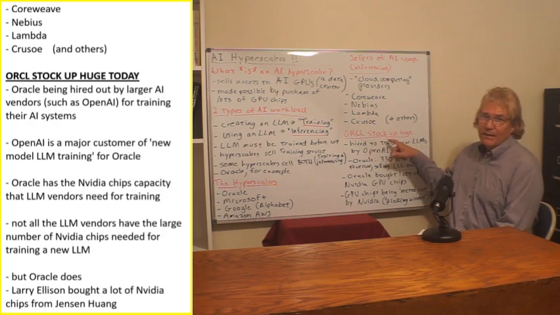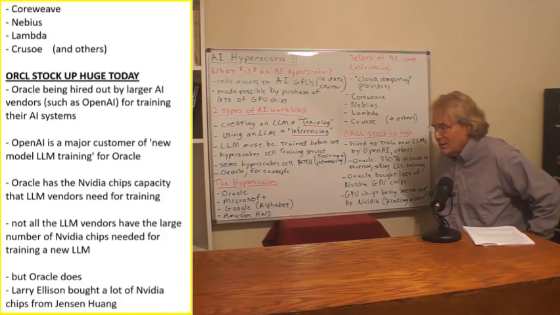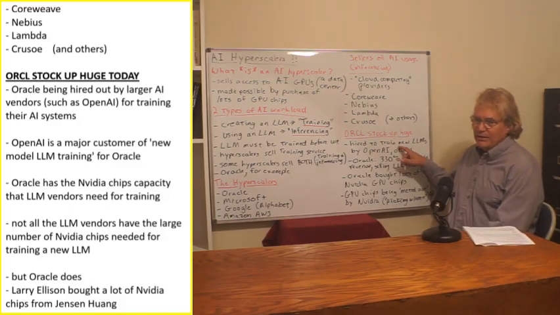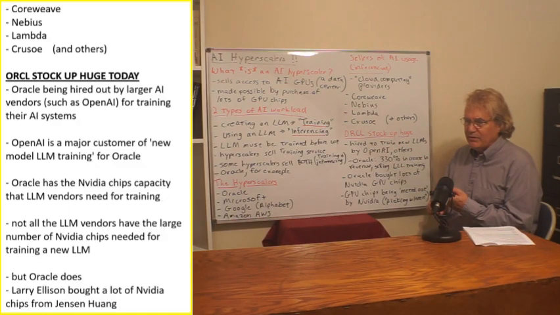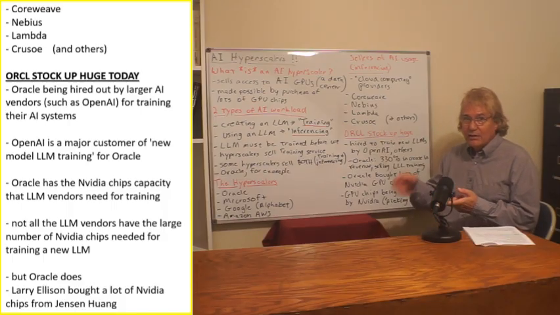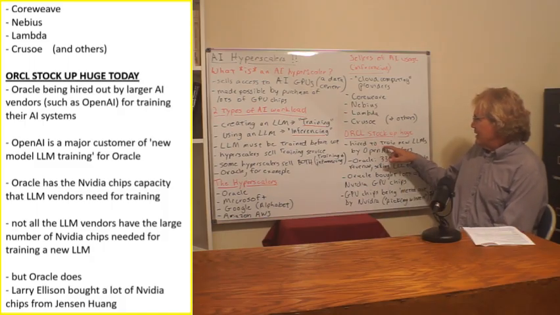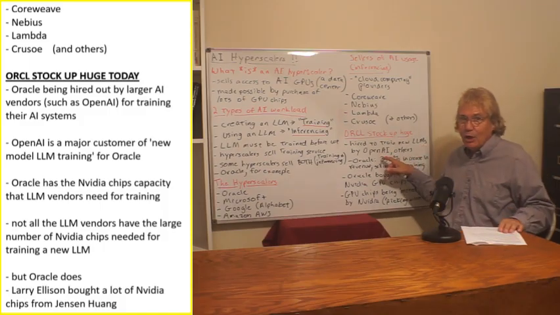Oracle, in the last couple of days, has had a huge run-up in their stock. Why? Well, Oracle is one of these companies that sells training and also sells inferencing using an already trained large language model AI system. Oracle is hired to train new large language models by none other than OpenAI.